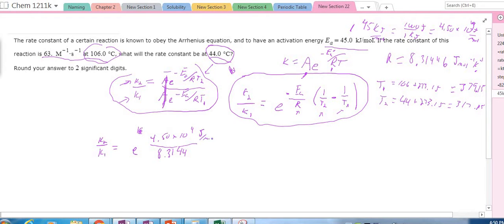That's joules per mole, and 8.3144 is going to be in joules per inverse mole per inverse degrees Kelvin. Okay, and then that's going to be multiplied by 1 over 317.15, that's T2, or 44 degrees C, minus 1 over T1, which is 379.15.